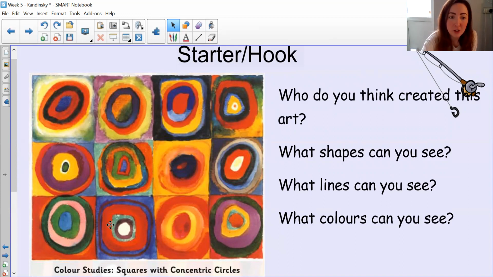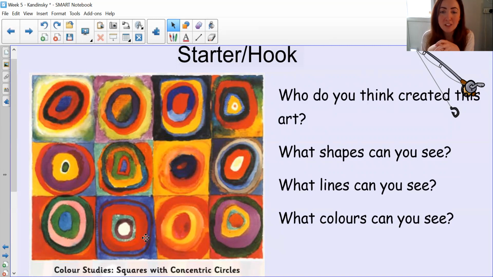Especially if you look down here at this one, we can see a really thin line and then a much thicker line. So all of the circles, they're not perfect circles, but they all vary in the thicknesses of the lines that are making up the circles.